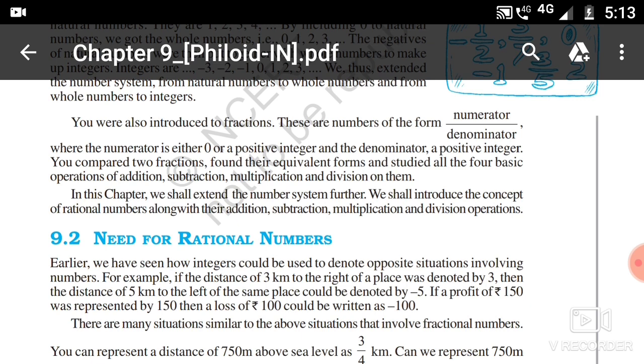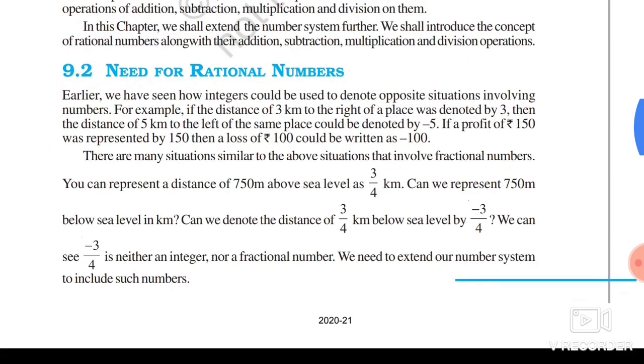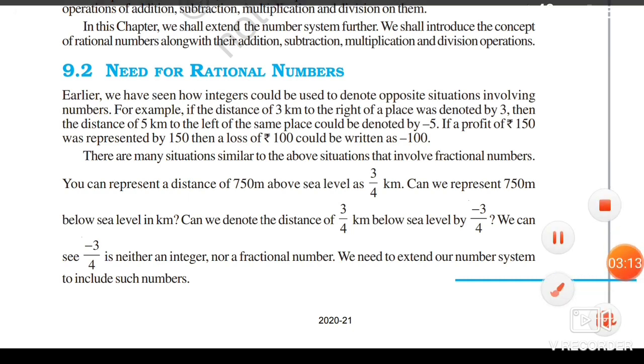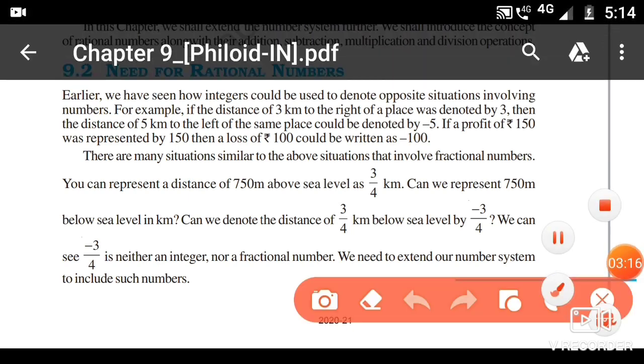Sometimes we need to represent negative numbers in situations in our real life. For example, if you borrowed some money, or you lost some money. Here in this example, if you lost 100 rupees, you have to give that amount to someone.